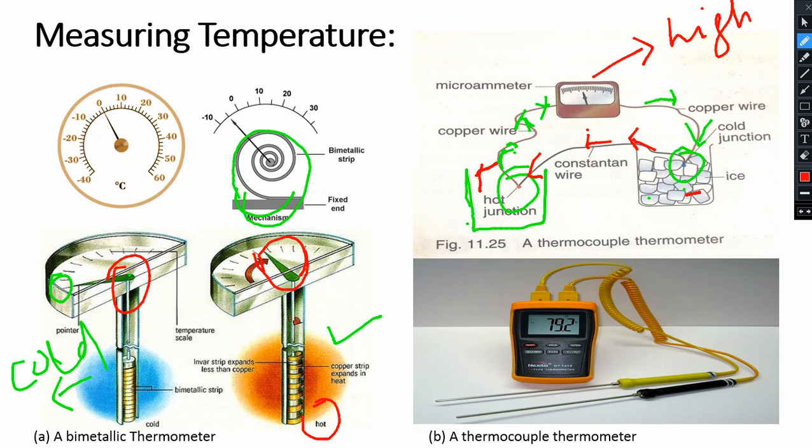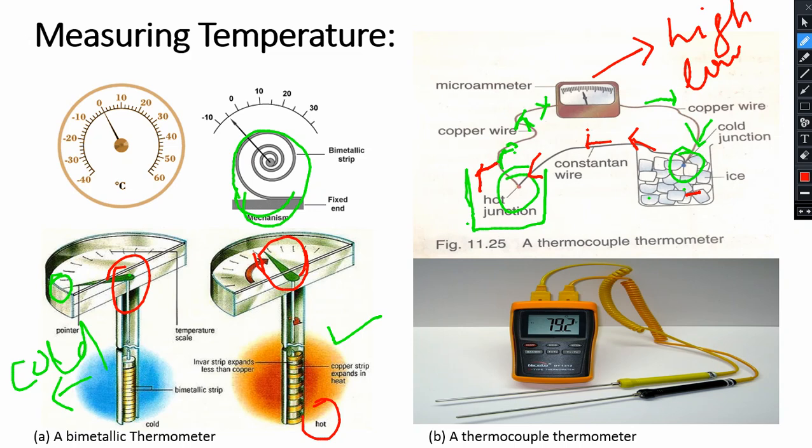If the temperature is low, it will show you low temperature. Whatever the hot junction detects, it will show you in the form of current: at this current it is equal to this temperature, and at that current it is equal to that temperature.